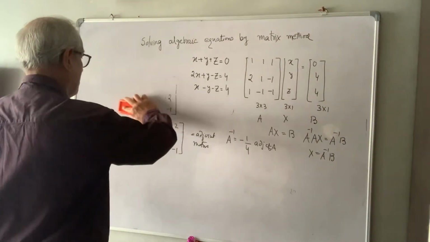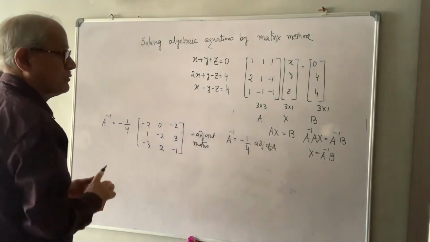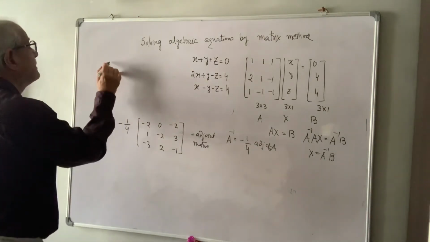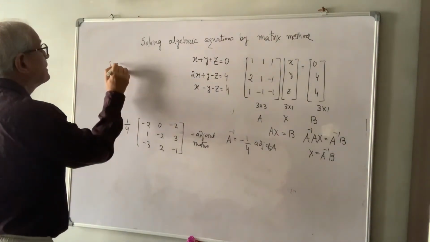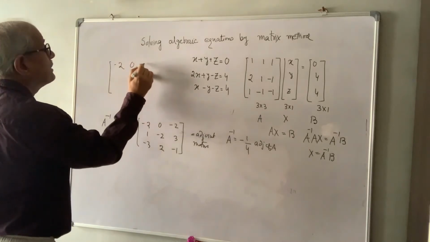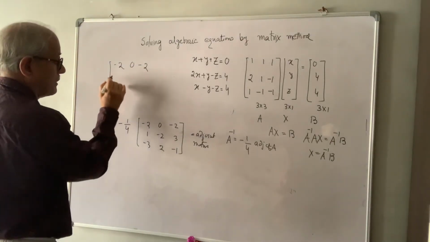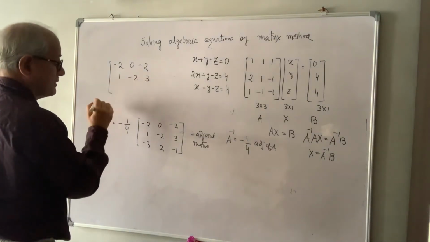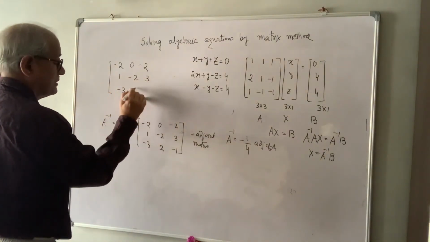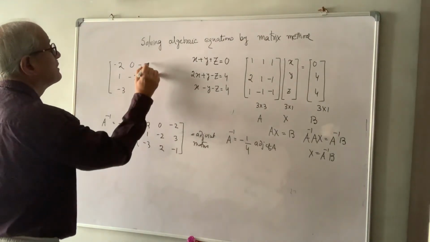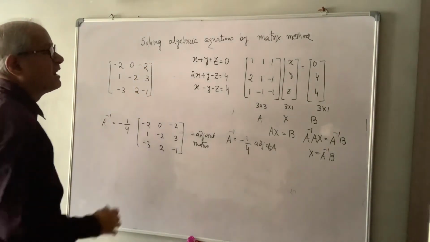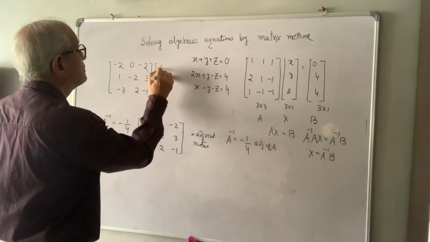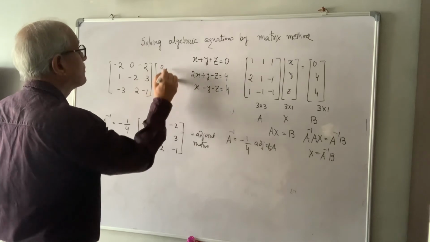Now you have to multiply this A inverse with B. That is A inverse is equal to minus 2, 0, minus 2, 1, minus 2, 3, minus 3, 2, minus 1. And this is to be multiplied by 0, 4, 4.